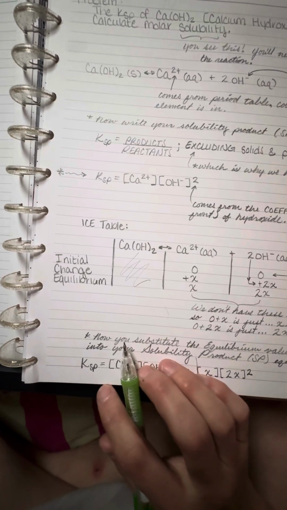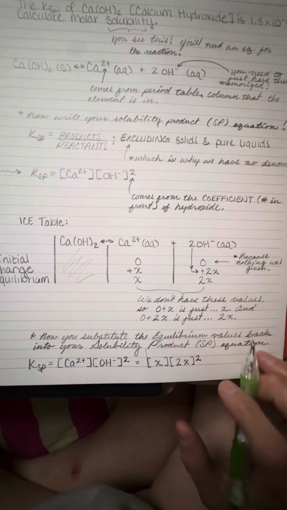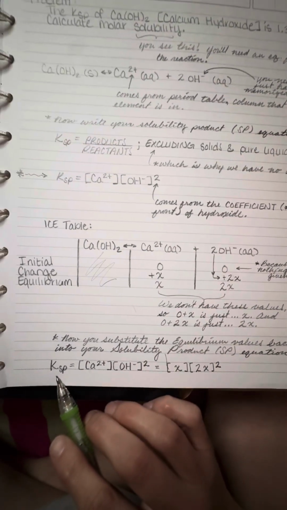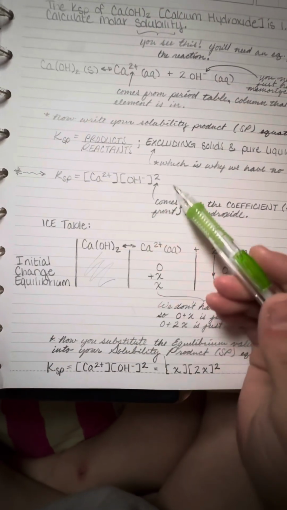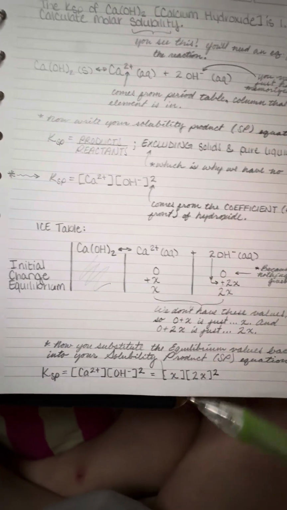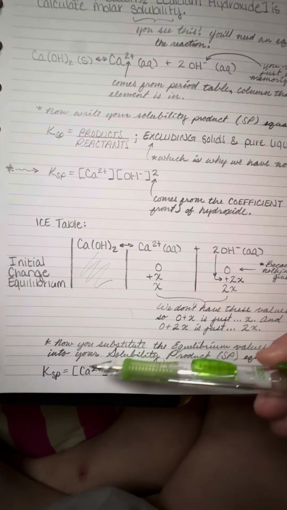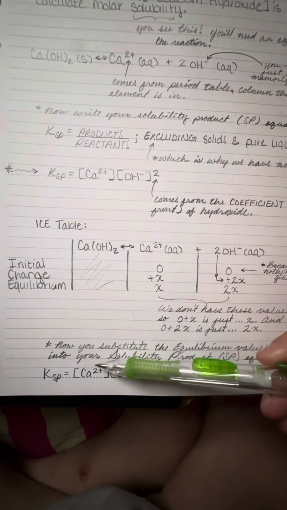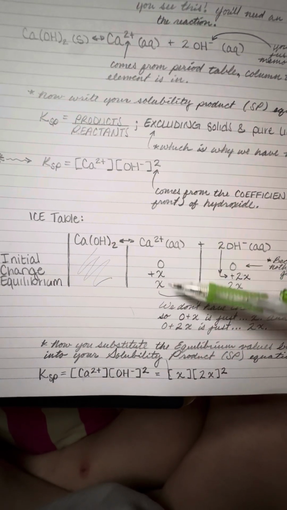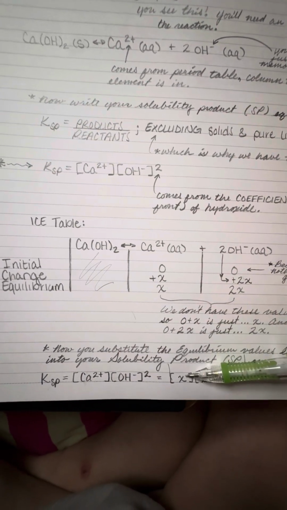Now you substitute the equilibrium values back into your KSP equation. So we rewrite the KSP equation down here, and we're going to fill in our values. The equilibrium concentration of Ca2+ is x, so we substitute x in.